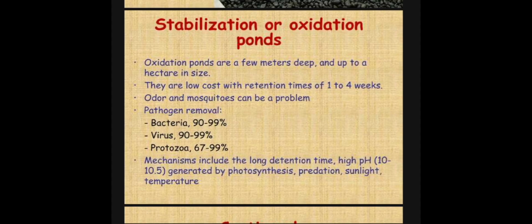They are artificially dug by human beings and contain a large area. They are low cost, with a retention time of 1 to 4 weeks. It takes 1 to 4 weeks for the oxidation pond to decompose the organic materials present in the wastewater.